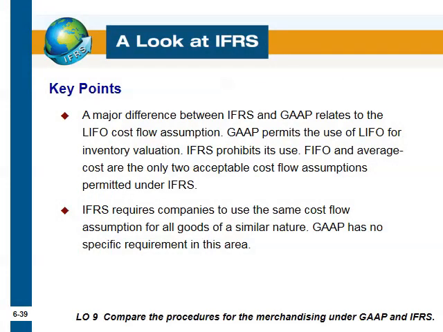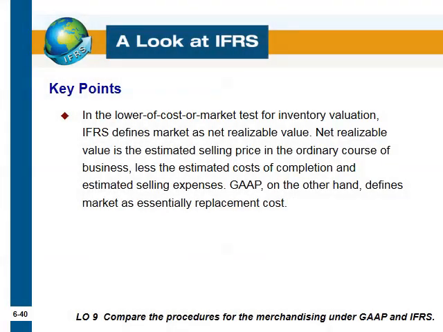Let's look at some IFRS issues. Basically what we're saying here is GAAP allows LIFO, US GAAP, but IFRS does not allow it. So no LIFO allowed under IFRS. And also IFRS defines lower of cost or market.